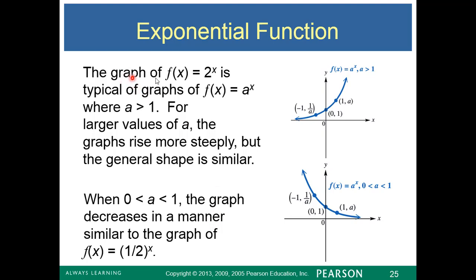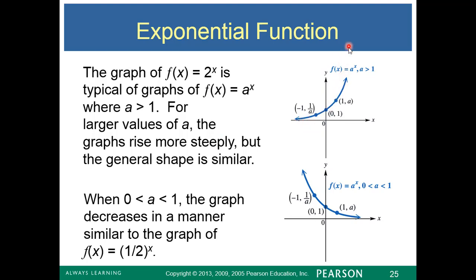Okay, now the graph of f of x equals 2 to the x is typical of all graphs of a to the x, where a is greater than 1. Okay, for larger values of a, the graph just becomes steeper and steeper because it is being stretched upward.